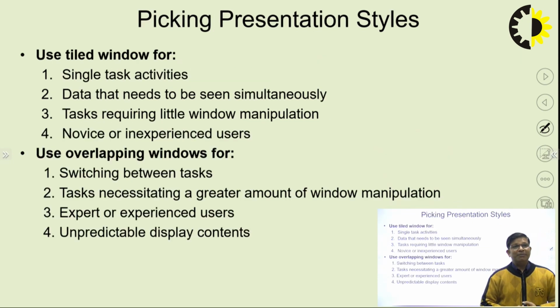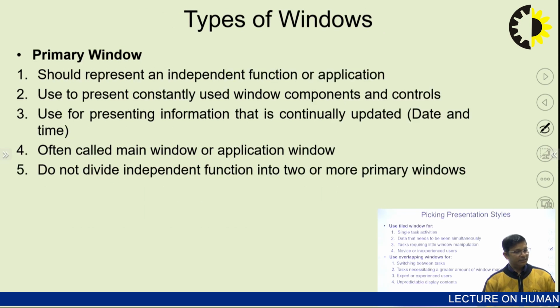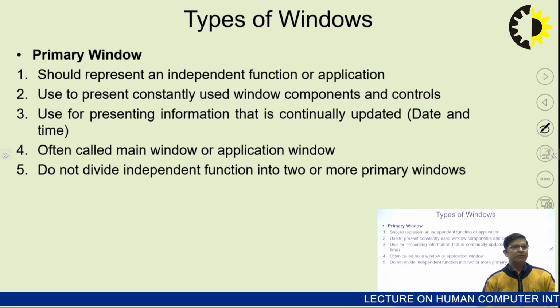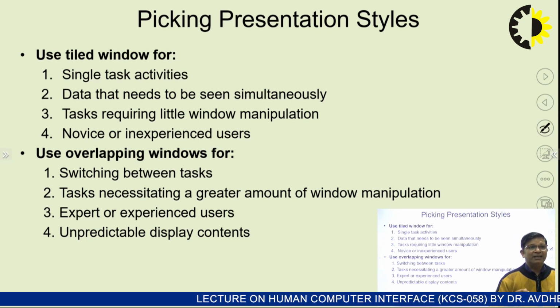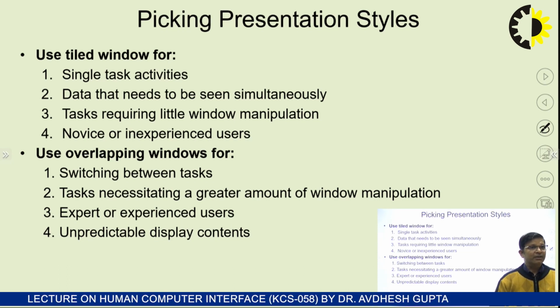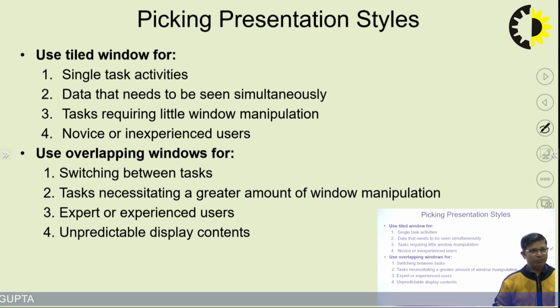Picking the presentation style: use tiled windows for what purpose, use overlapping windows for what purpose, and use other windows for what purpose. Tiled window: when there is a single task activity and the data needs to be seen simultaneously from other opened windows, the task requires little window manipulation, and for novice or inexperienced users.